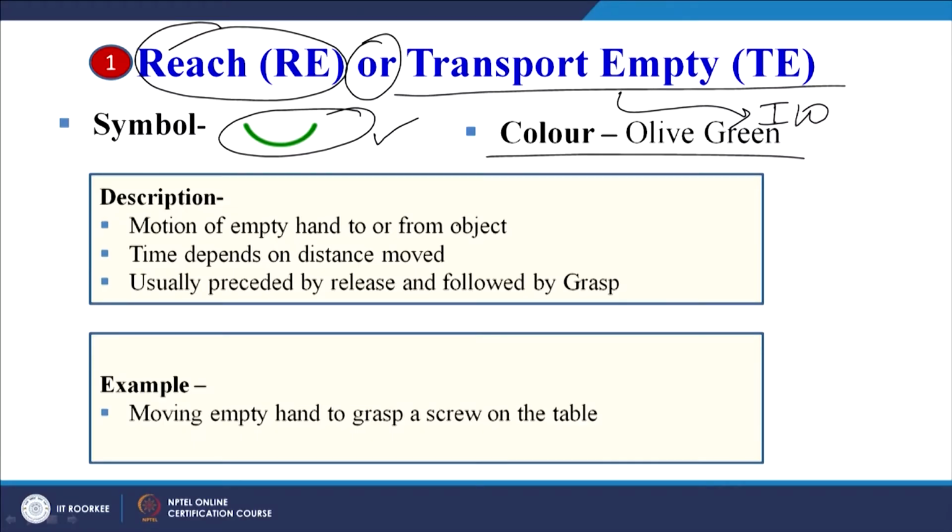Transport empty basically means motion of an empty hand to or from the object. Suppose this pointer is lying here, I am standing here, and I want to pick this pointer and point it towards the screen. My hand is moving to the pointer. So this is transport empty, TE. Now if I pick it and bring it back, it will be transport loaded, because now the hand is moving in the loaded condition.